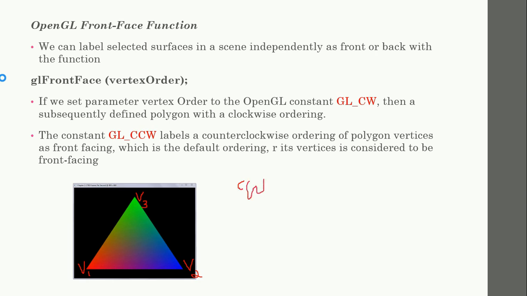How do you write the clockwise order for the triangle? Suppose I start from V1, the clockwise order will be V1, V3, V2, and again it will come back to V1.